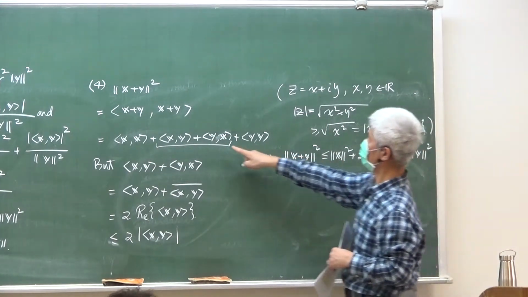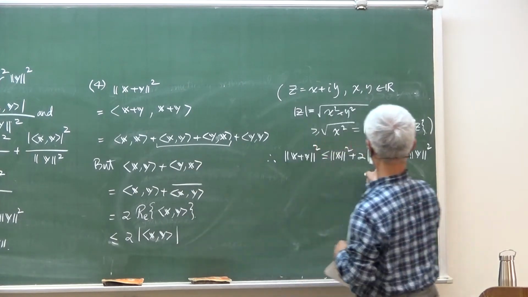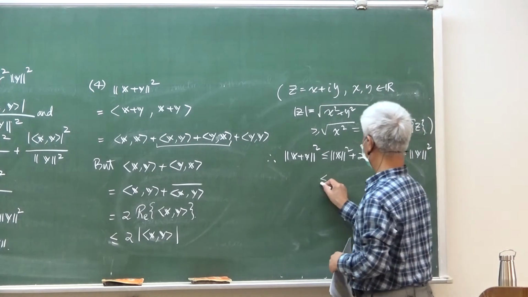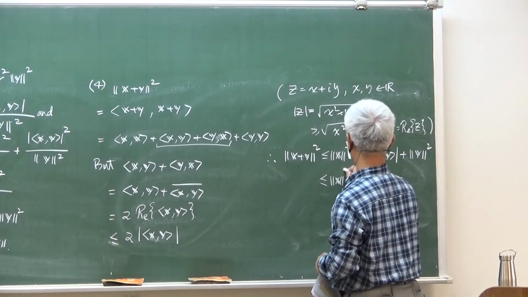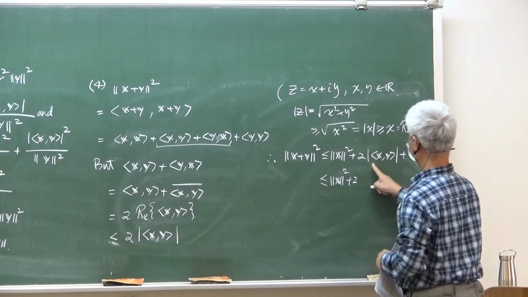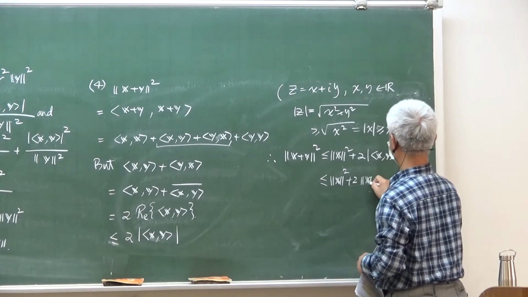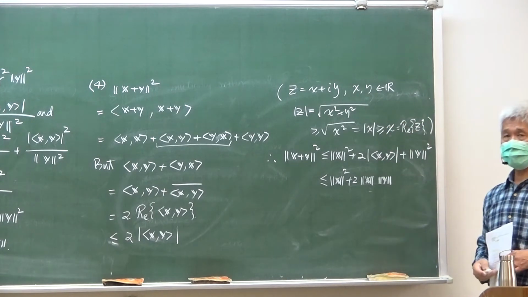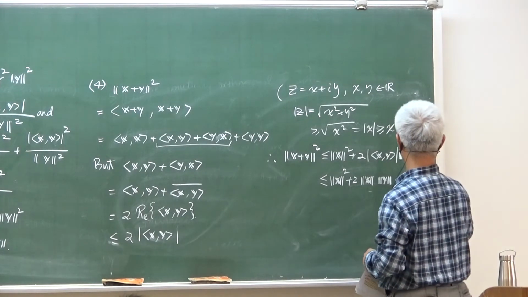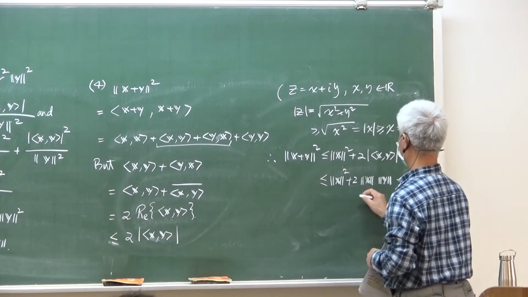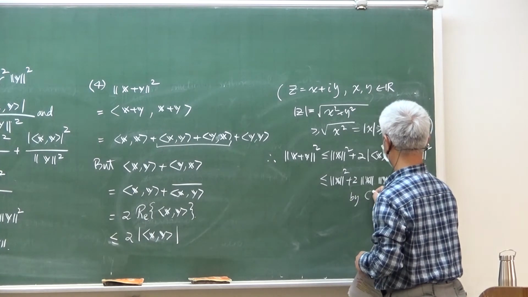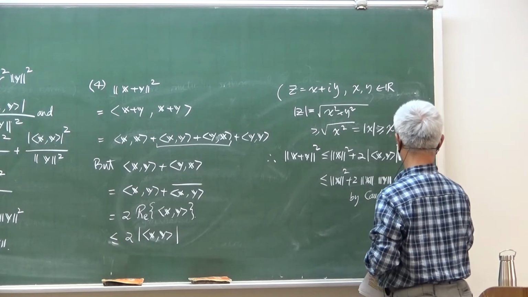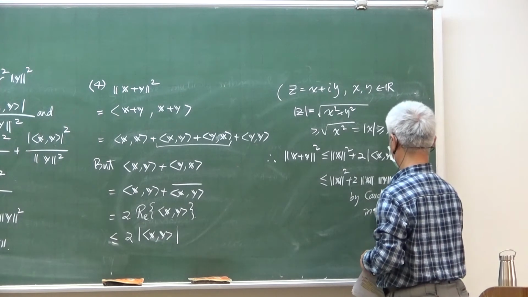And the middle two terms have an upper bound like this one. The second one, we will apply the Cauchy-Schwarz inequality. So this one has an upper bound, which is the product of the lengths of x and y, by the Cauchy-Schwarz inequality.